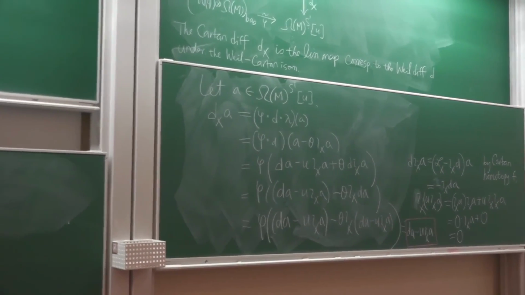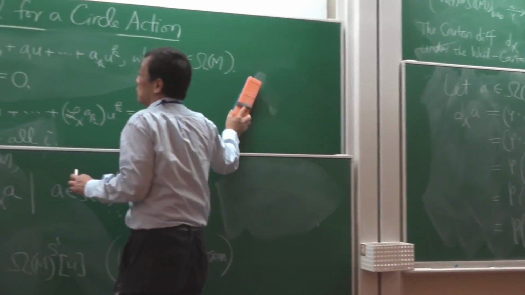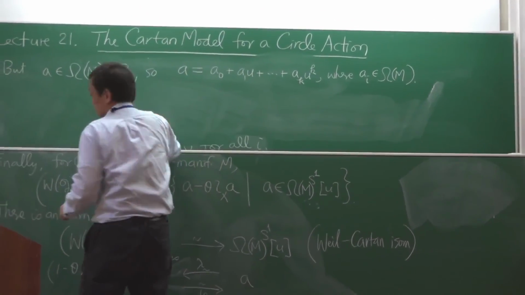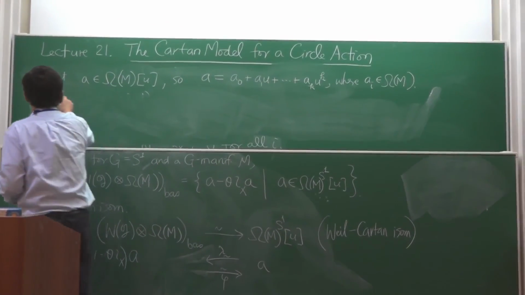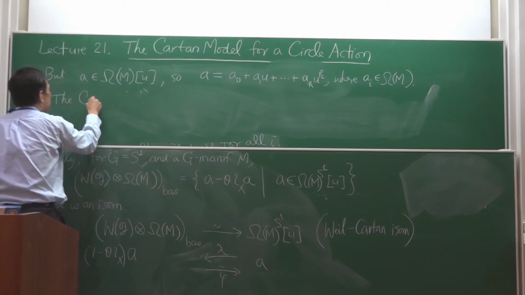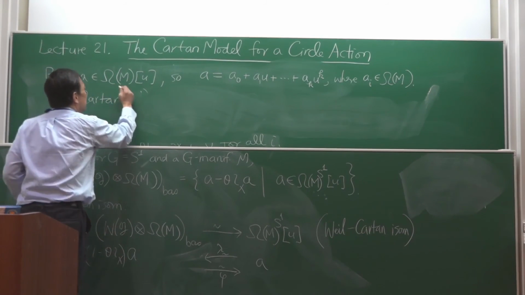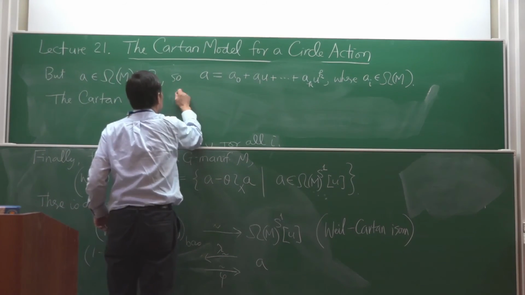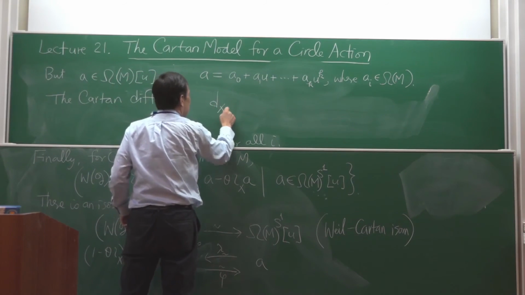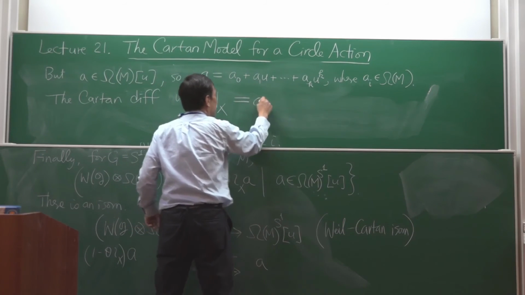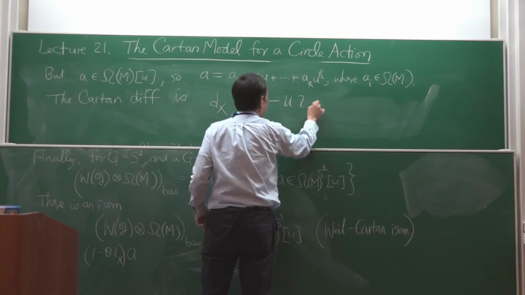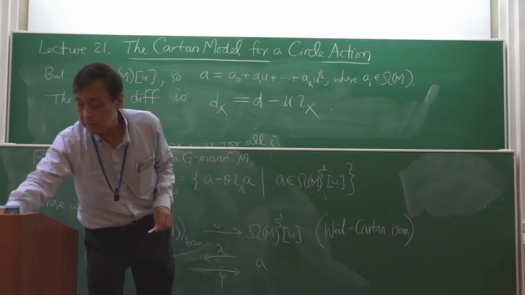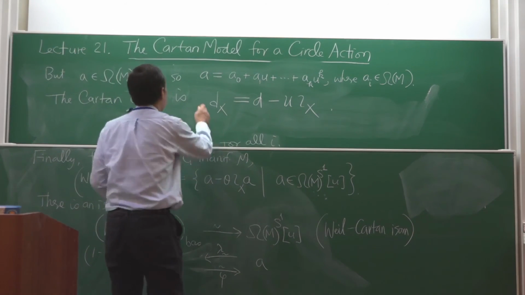That's important enough that we should put it here. So the Cartan differential d_x is equal to d minus U i_x. That's the formula for the Cartan differential.